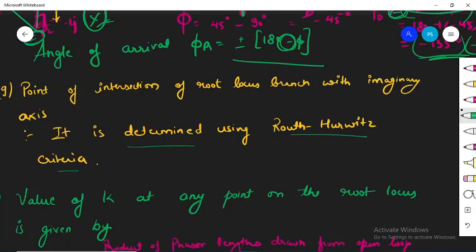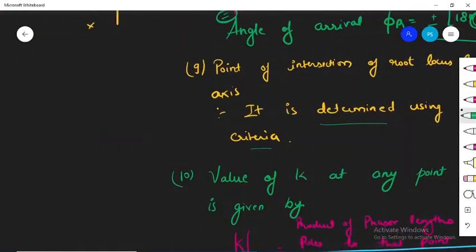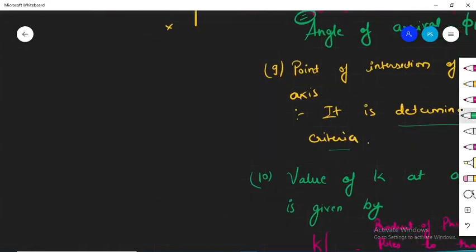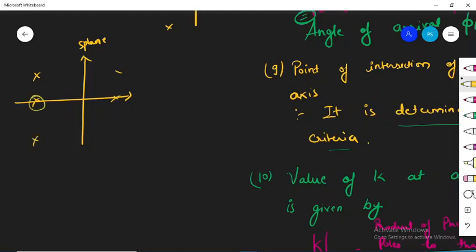So imaginary axis actually in the S plane, it is actually a boundary. If you draw the S plane, okay, so this is the S plane. We can have poles over here, we can have poles over here, okay, but the difference is if we are talking about closed loop poles, then the difference is if the pole is lying on the left hand side, then the system is stable.